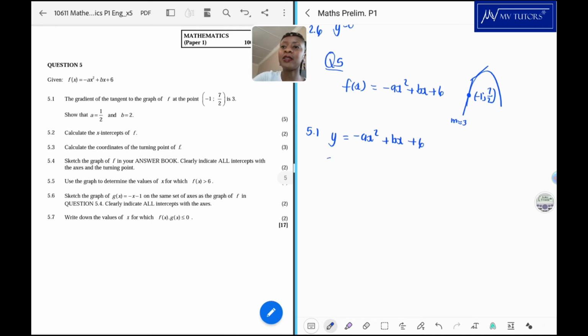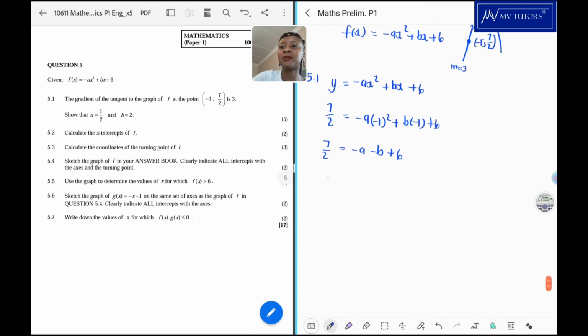So the y value is 7 over 2 or 3.5, and x is -1. Let me stick to the fraction: 7 over 2, and then I have negative a, negative b, plus 6.